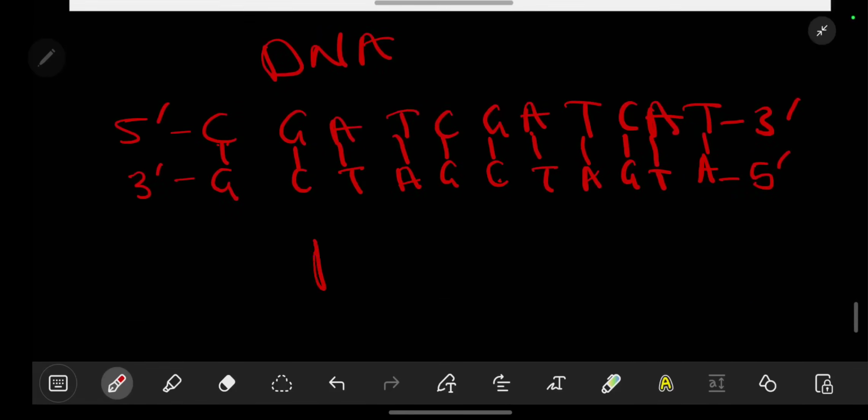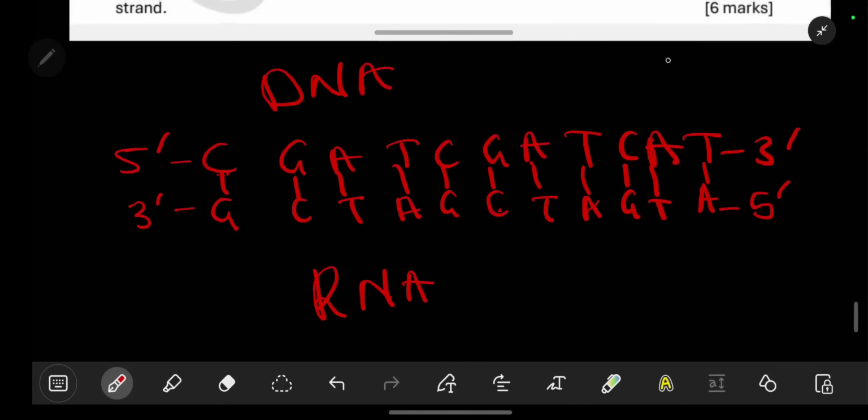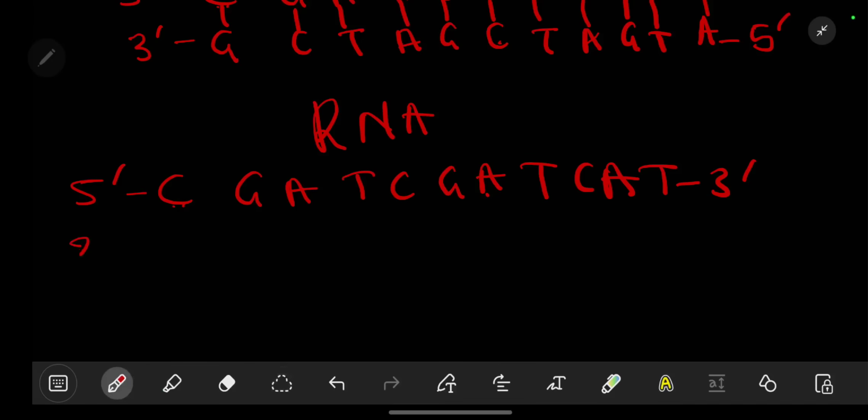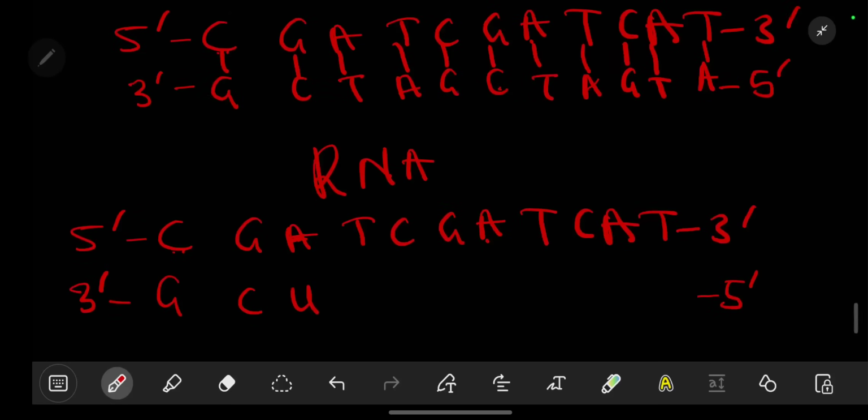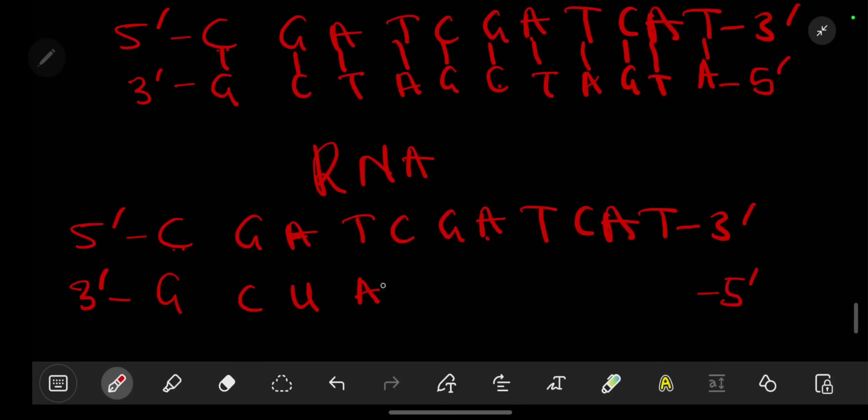You get your 3 marks. For RNA, it is the same, but it's going to change slightly. The numbers will change: we have 3 prime there, we have our 5 prime there. For RNA, we still have the cars in the garage, but A shall be apples under the tree, which is your uracil. We have apples on a tree, but this one remains if the T is on top.